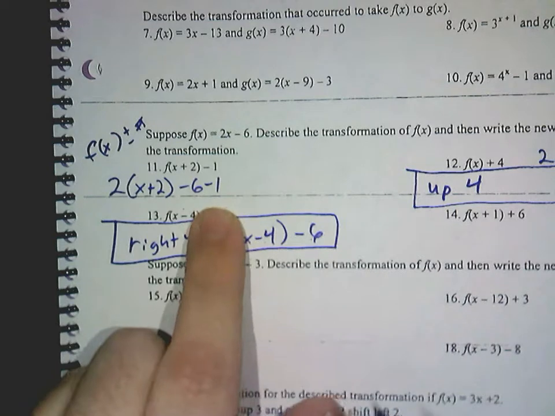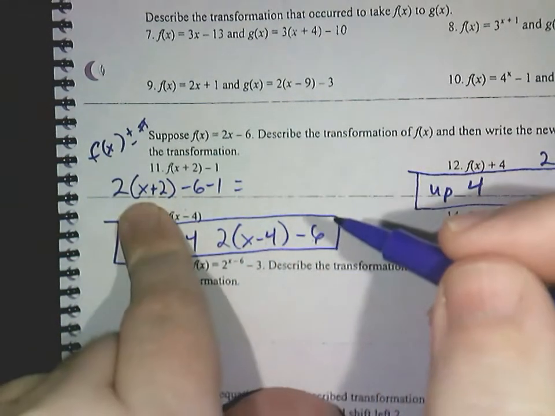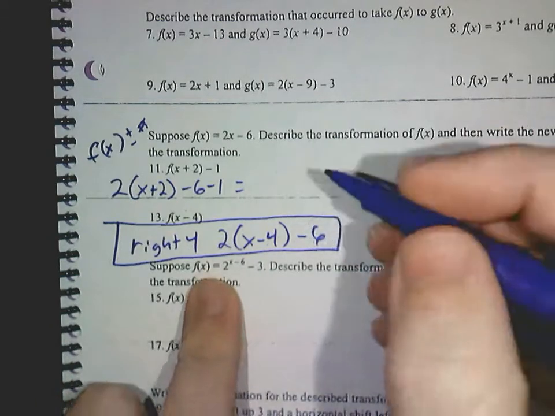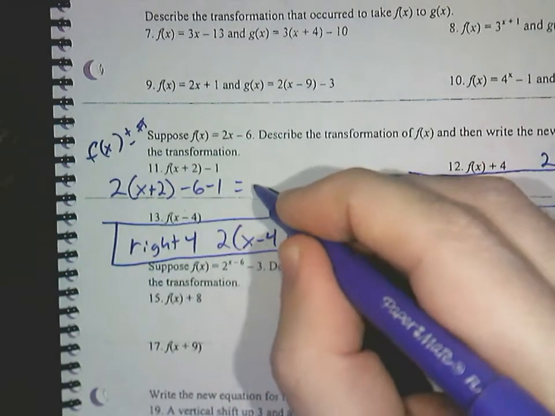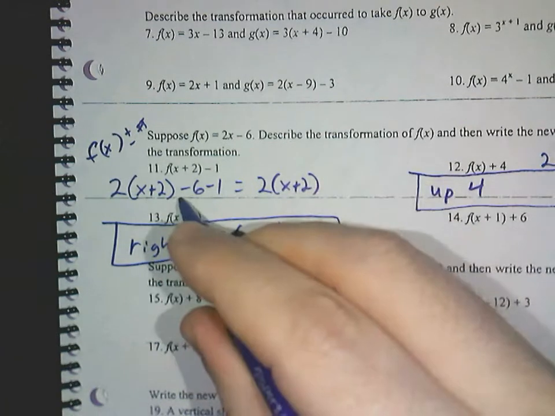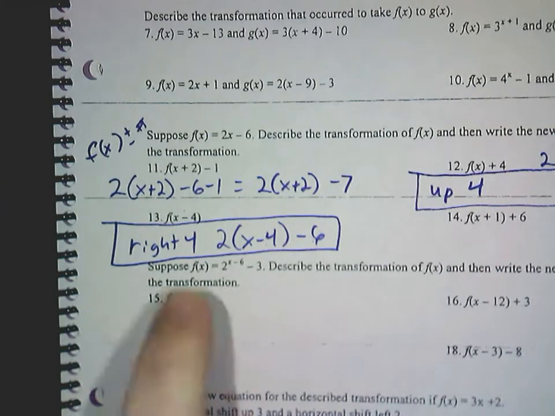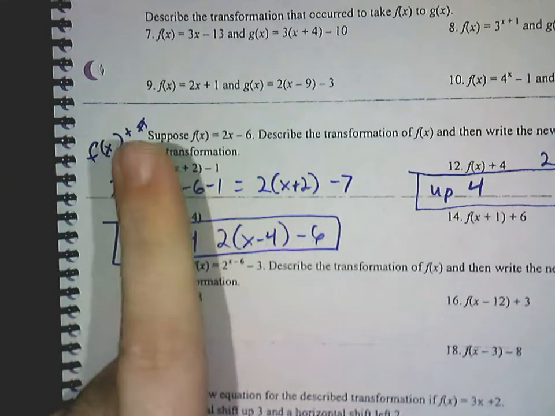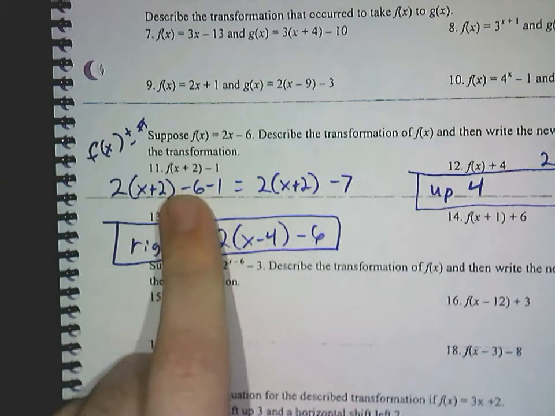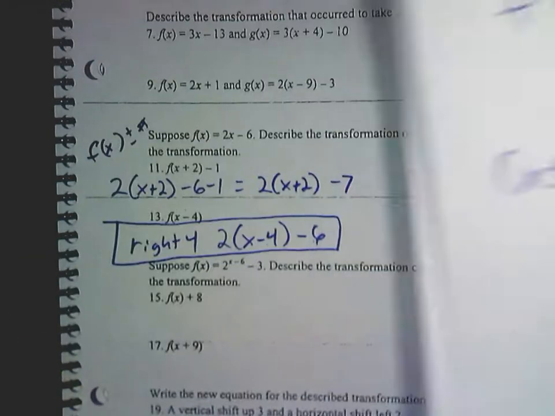Okay, and then when I simplify that, again, I want you guys to just leave that stuff in parentheses there, but you can simplify everything outside of it. So it'll be 2 times x plus 2. And then negative 6 and negative 1 are going to become negative 7. And when I think about what happened here, I added inside the parenthesis, which means I went to the left that many spots.